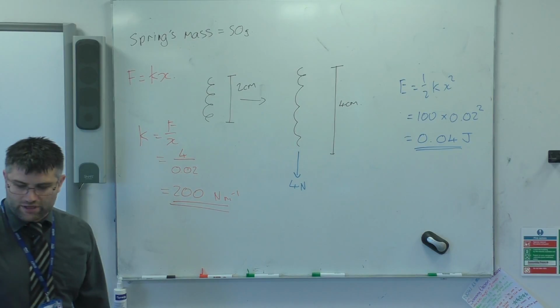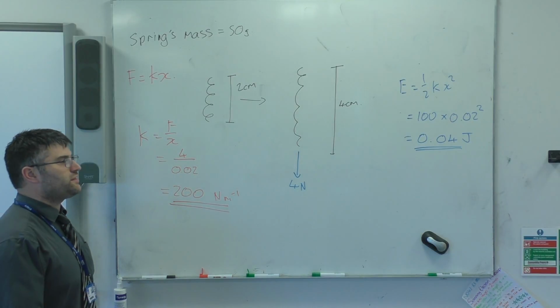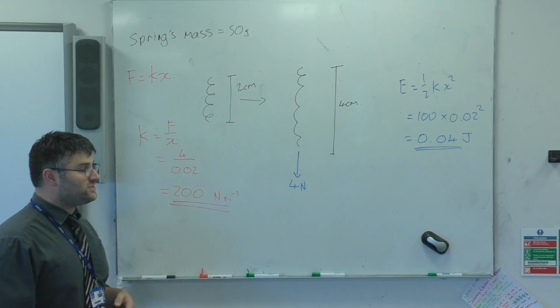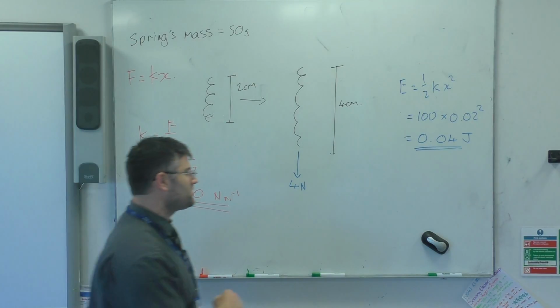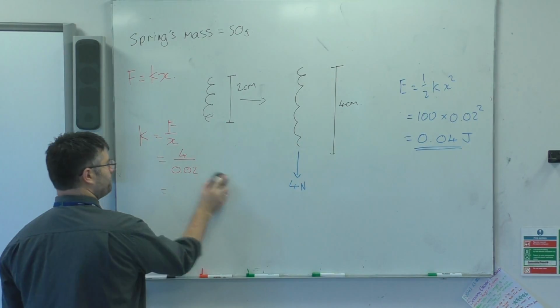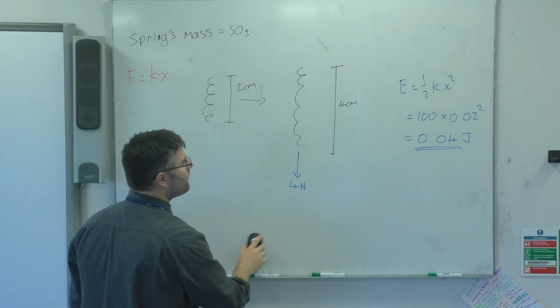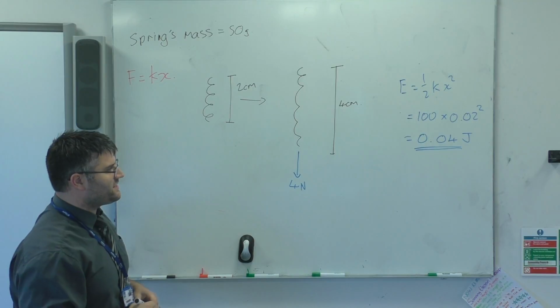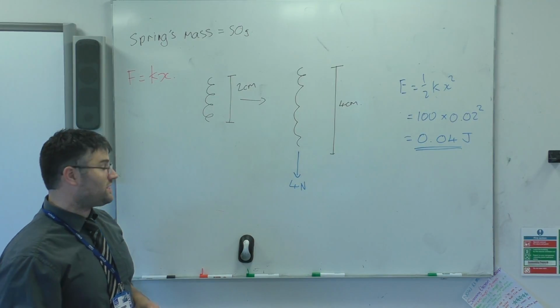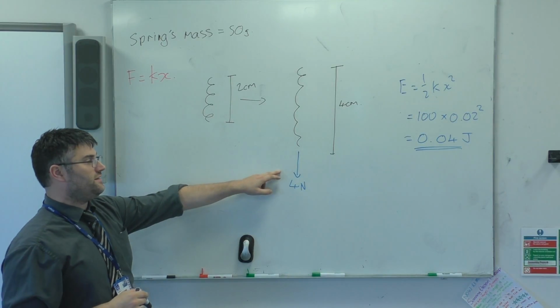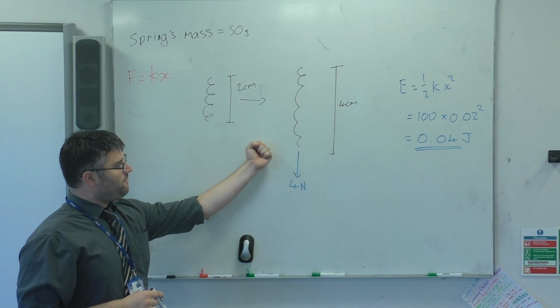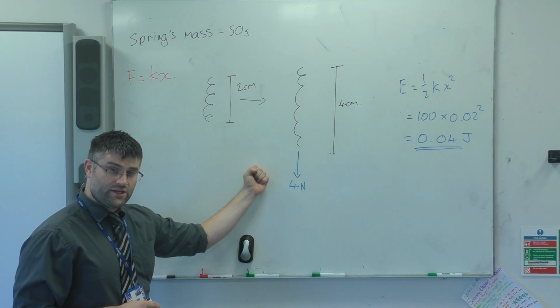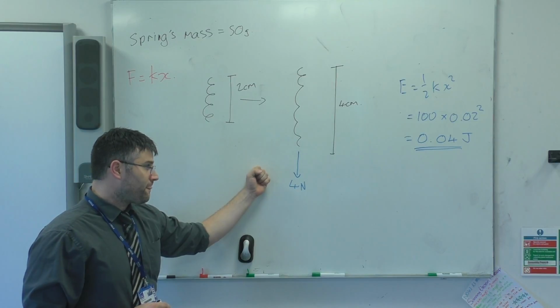The third thing becomes a little bit more complex. The third thing is the acceleration of this once we release the force. We're going to use this idea to say that the force pulling it downwards is 4 newtons.